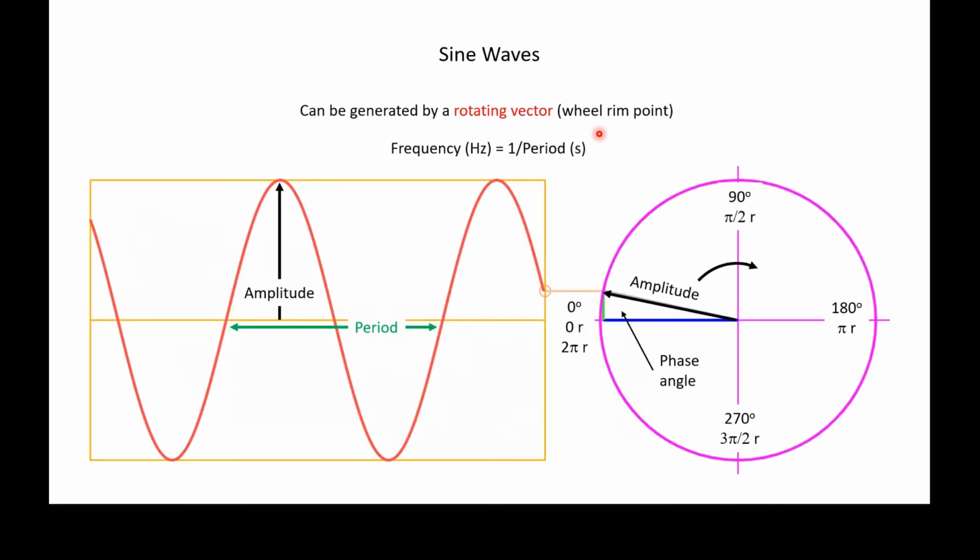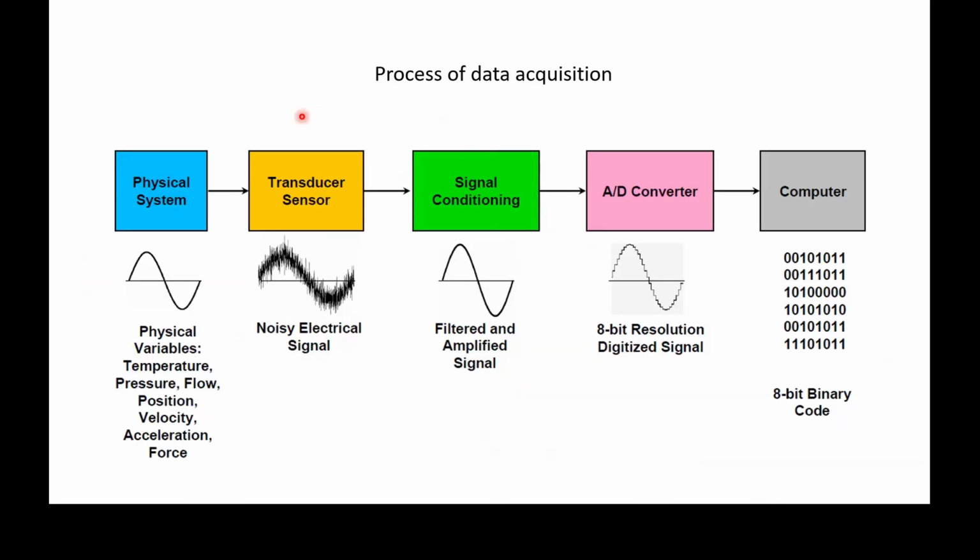If we look back, let's go back to our thing here. We're going to transduce our sensors. And the transducer is probably the most difficult to deal with, because in some cases we have to convert things like, for example, the amount of CO2 in a gas. How do we do that? Well, we take a sample at the mouth by sucking it down a tube, putting it into a very small chamber, and we shine an infrared light through it.